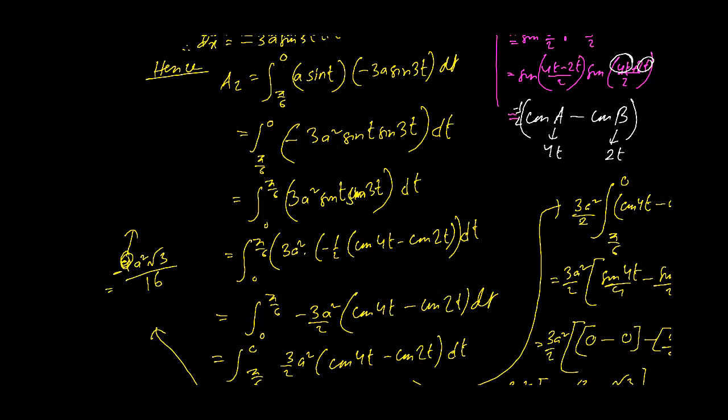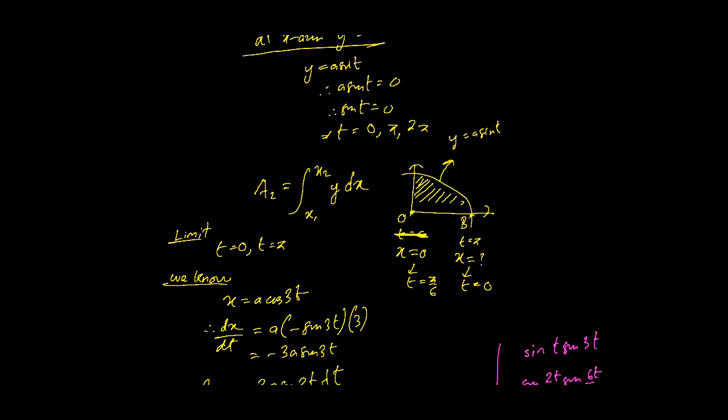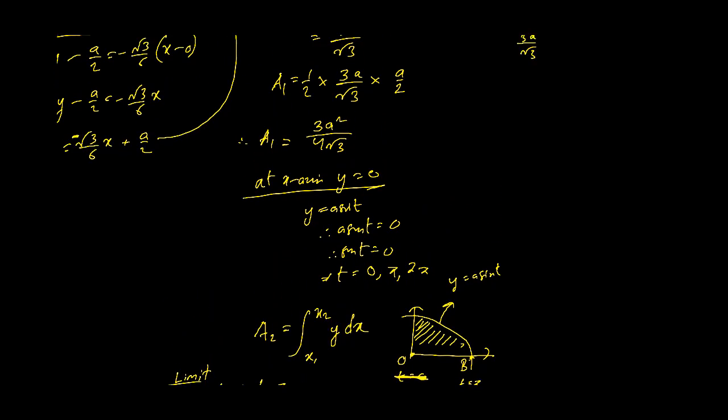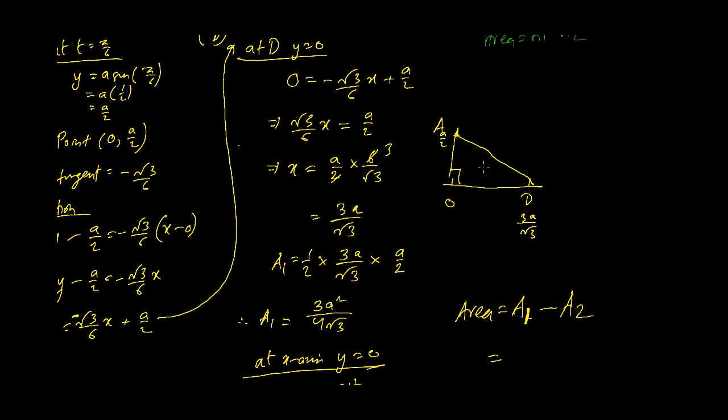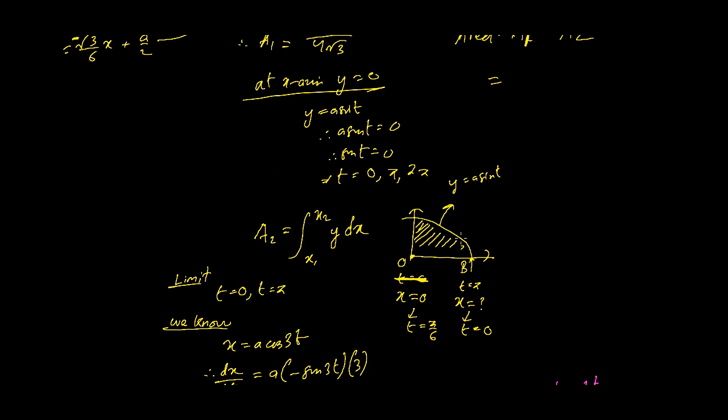So after all this, we have to get back to the original. This is A2, then we have A1, so now the area would be A1, the larger area, minus A2. Remember, this was the triangle, the area of the triangle that we found, and this is the area of this that we found.